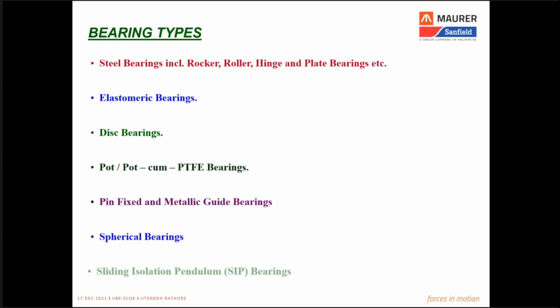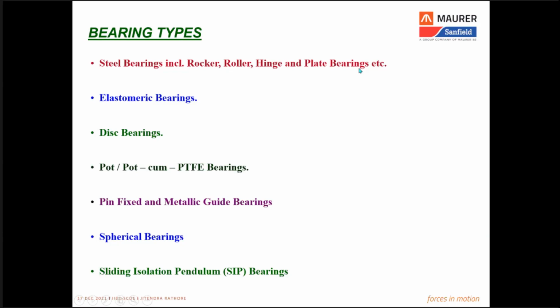Now talking about their types, the types are many, and they all have their own application areas. We start with the steel bearings first in discussion, which includes the steel rocker and roller bearings, hinge and plate bearings.